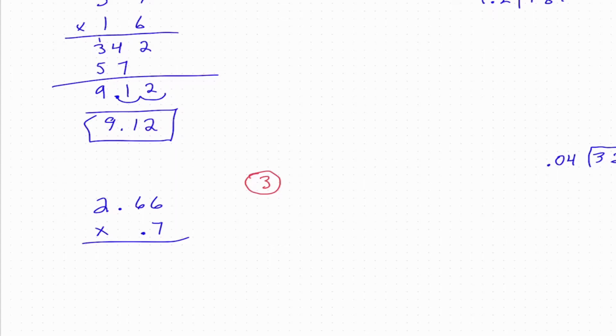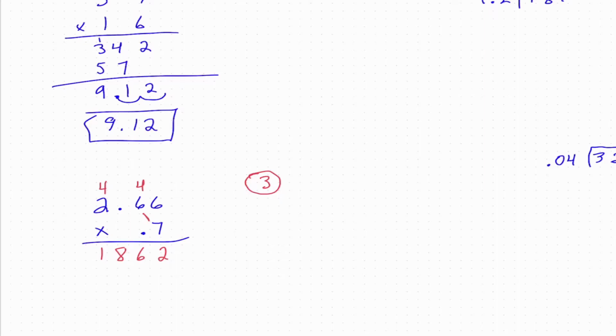Again, 7 times 6 is 42. 7 times 6 again right here is 42 plus the 4, so 46. 7 times 2 is going to be 14 plus 4. So we get this number right here.